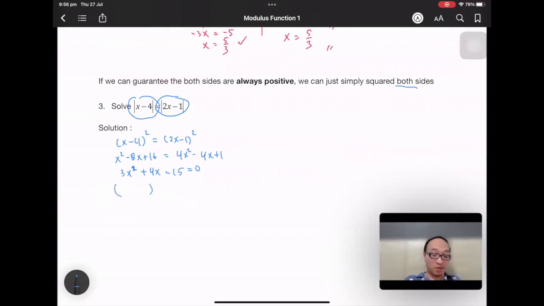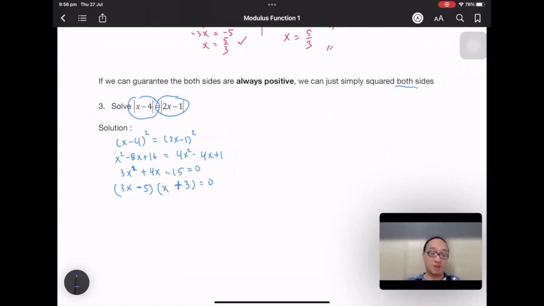And then we factorize this. So this is 3x, this is x. And to become 15, it's 3 times 5. So I can put 3 here and 5 here. And to make it 4, 3 times minus 3 is... positive 3x times 3 is 9x, and x times negative 5 is negative 5x.